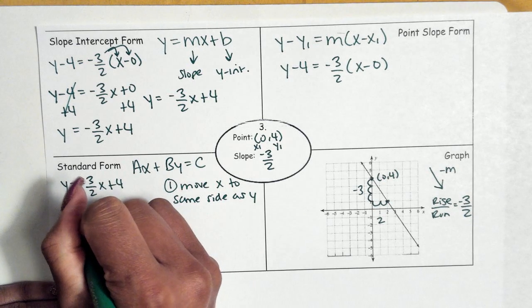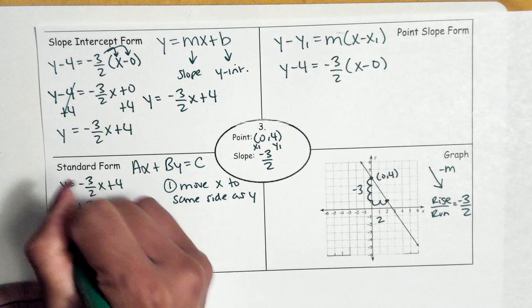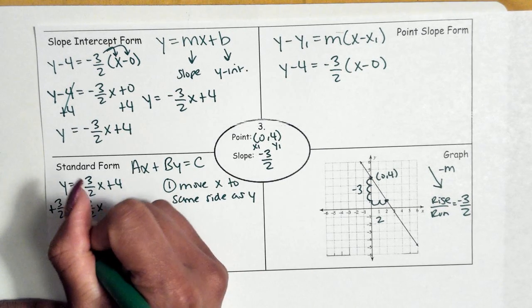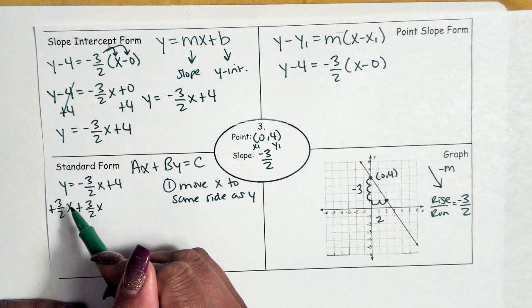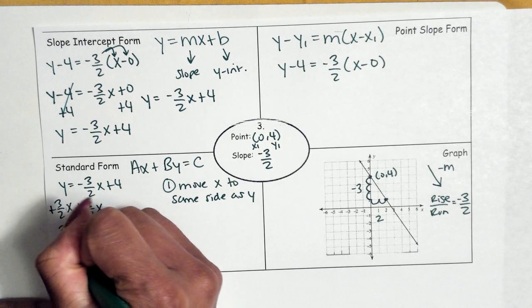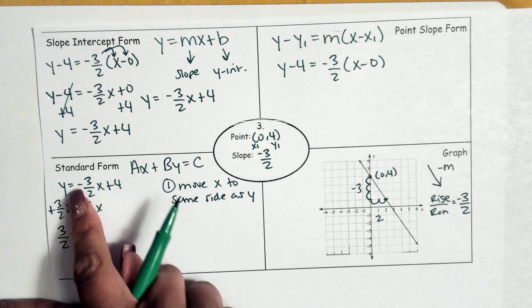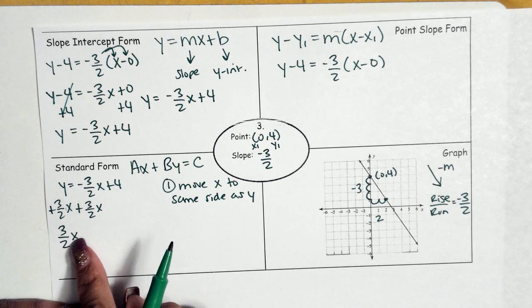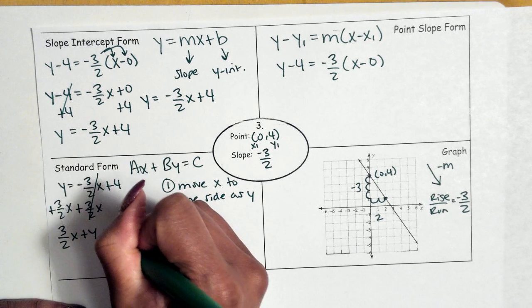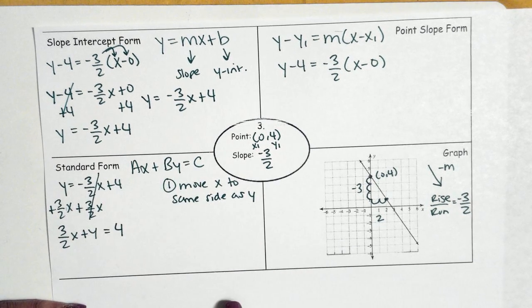And how do I do that? By adding. Okay, so when I do that, I can't combine y and 3 over 2x, so I have to rewrite it. So I have 3 over 2x plus y, these cancel, equal to 4.